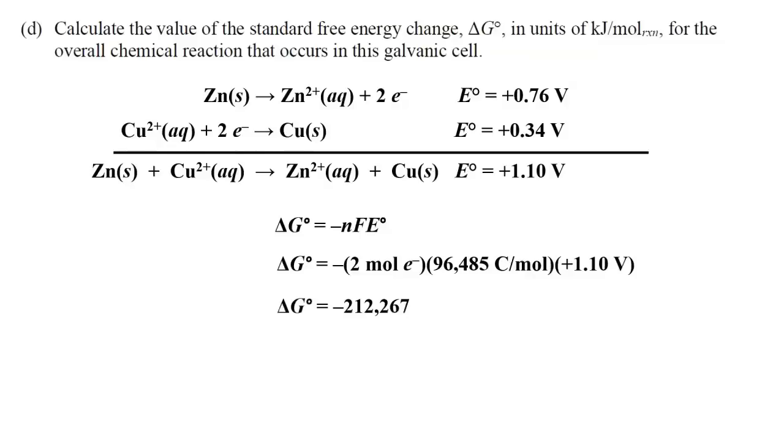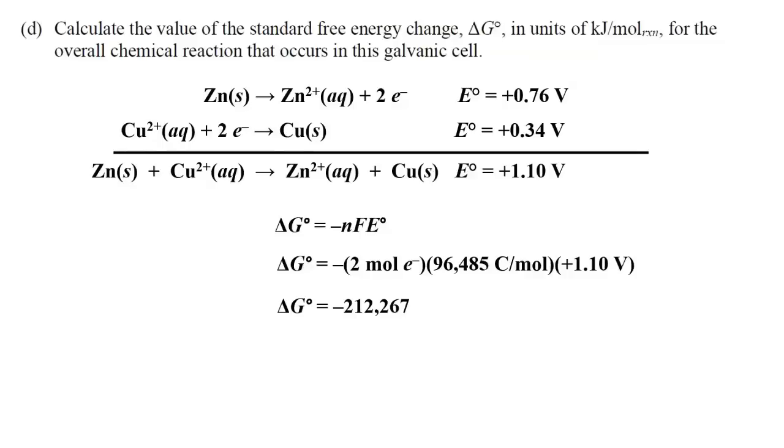And so when we do the math, we get negative 212,267. That's when we multiply negative 2 times 96,485 times 1.10. Now as far as the sig figs, the number 2 moles of electrons is an exact number, so that doesn't limit the number of sig figs, but I see 1.10 volts for the cell potential.